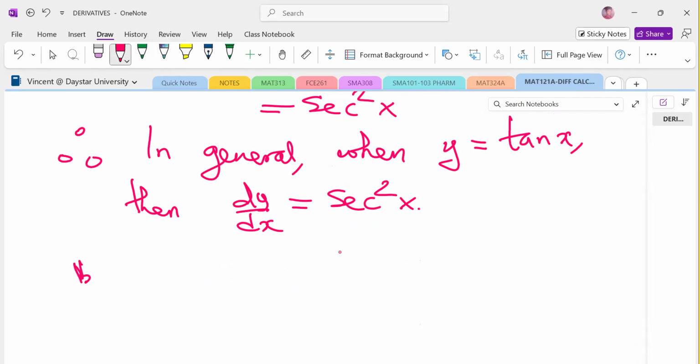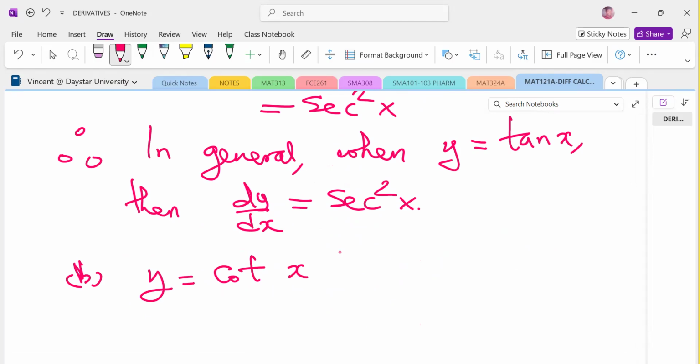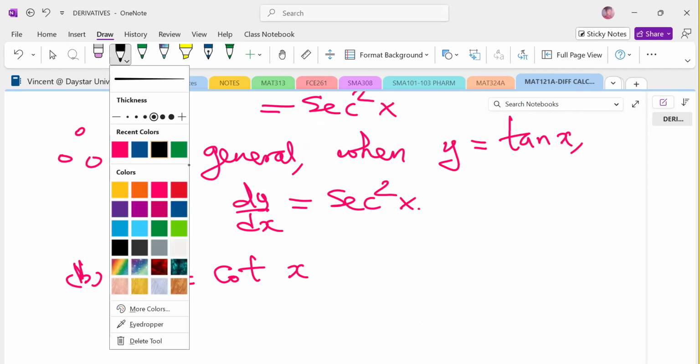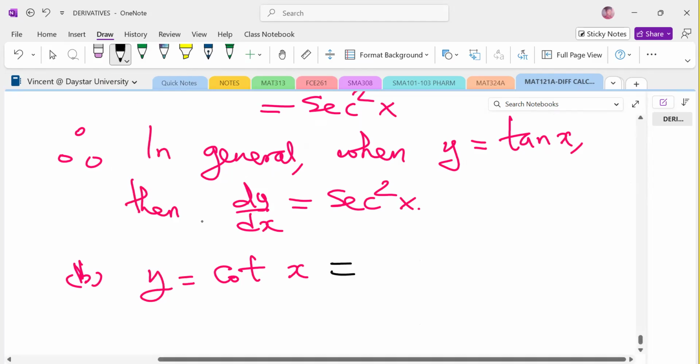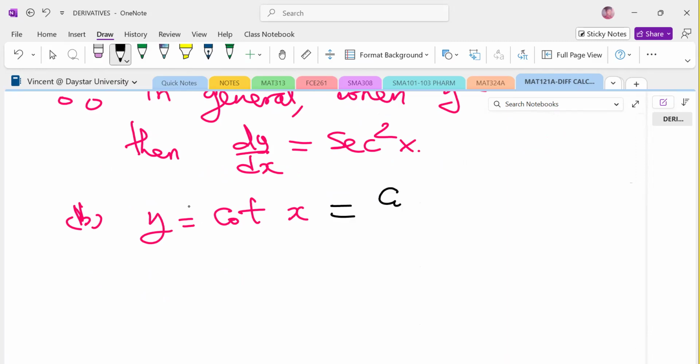Then second part, y equals cot x. So you also just express this in terms of sine and cosine. So cot in terms of sine and cosine from your toolbox is the same as 1 over tan. So in terms of cosine and sine, cos x over sin x, correct.